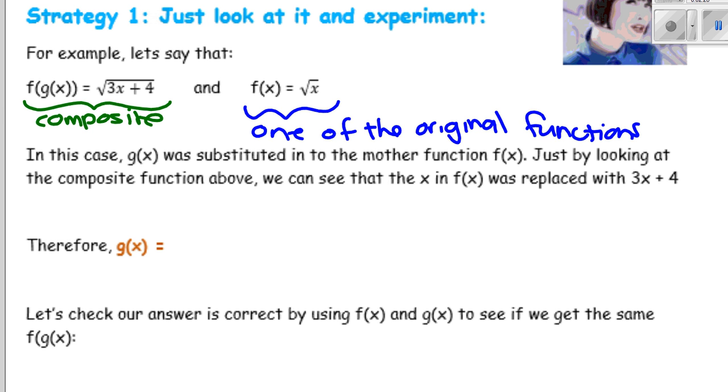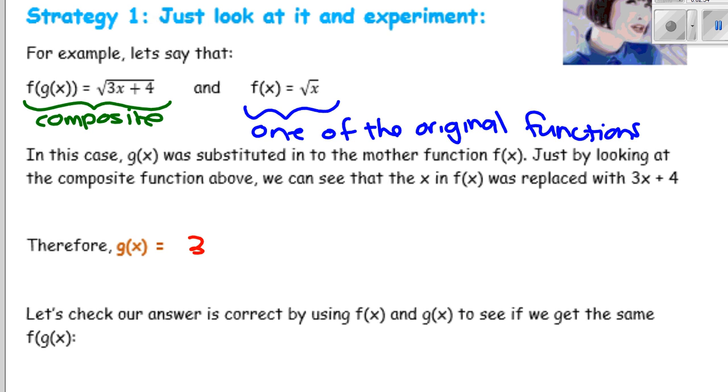So using the strategy, just look at it as an experiment. You could just look at this and think, that looks pretty similar to f of x. So what do you think the x in the f got replaced with to make the composite function happen? Yeah, so that's one. So sometimes you can just look at it and see it. So just look at it. So therefore g of x must be 3x plus 4.